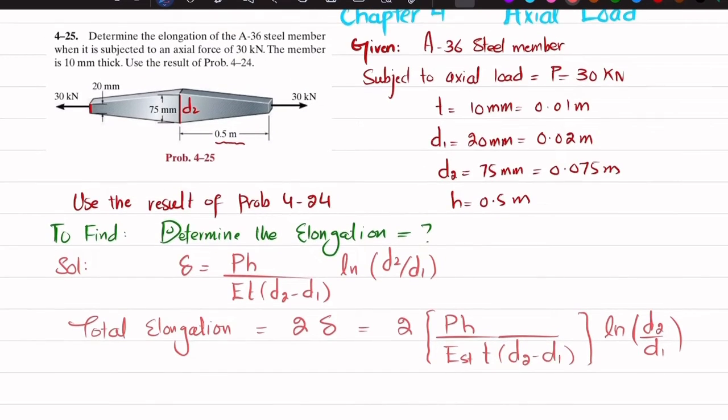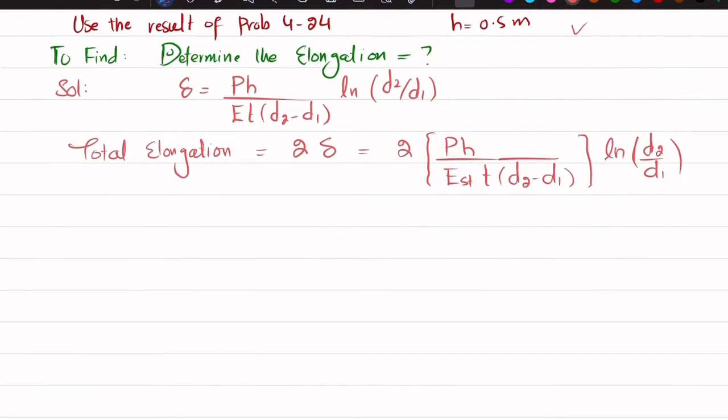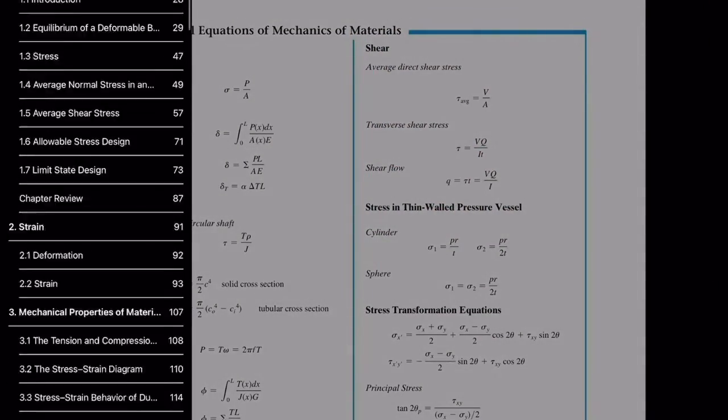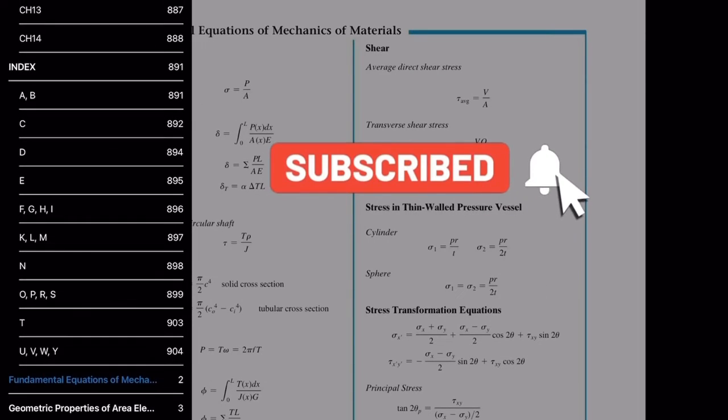So you have all the values. You can see you have P, you have T, you have D1, D2, H. You do not have E, and E for steel member can be obtained from the book. So we will move toward the book. If you go at the end of the book to the properties table below, you can see the second last one is average mechanical property.